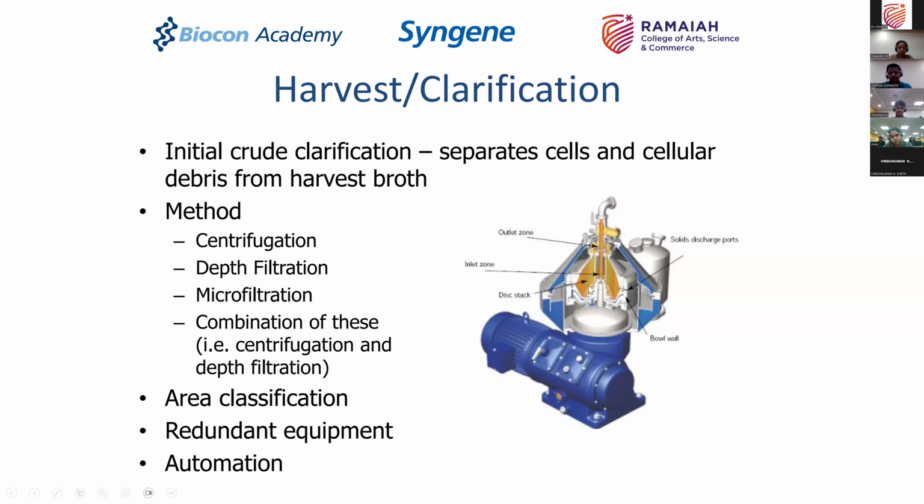The solids separate out through centrifugal force and go to the end of the disc stack, and then they get removed into a solid discharge port. The liquid, which is the clarified liquid, comes out from the other port, because this stack has got holes for inlet and outlet. So that is how a disc stack centrifuge works.